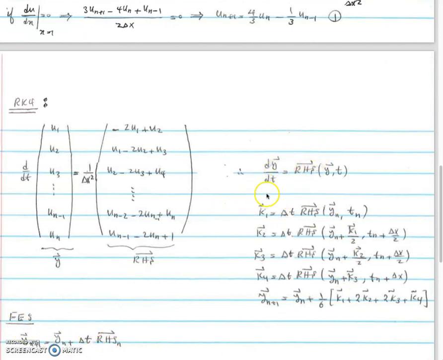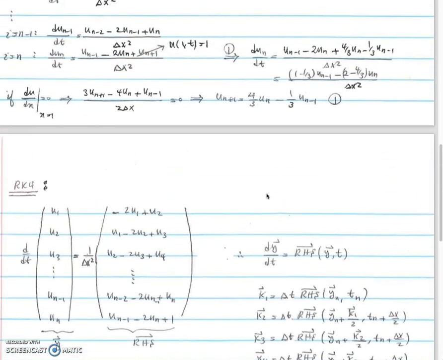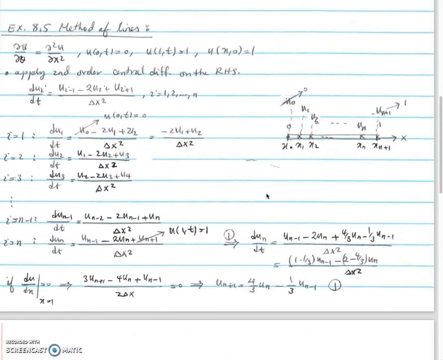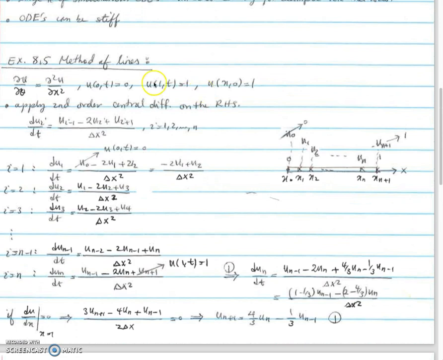So let's go back and see, if we change the boundary condition, what happens to our system of equations. The boundary condition we looked at was 0 on the left side, 1 on the right side, and the initial condition was 1 for every x value.